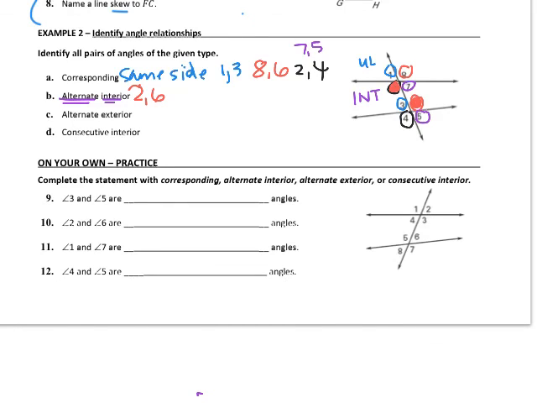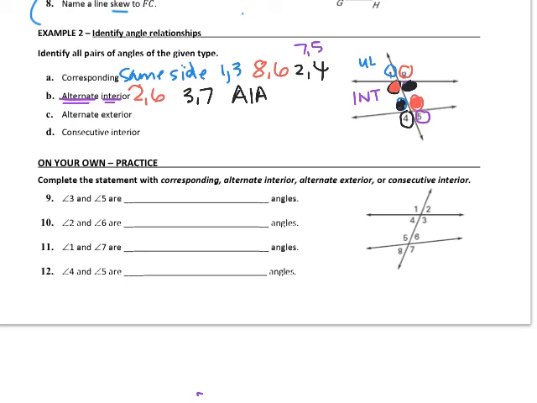Okay, and then there's one other pair actually here. It's angle 3 and angle 7. Those two have alternate interior angle relationships. We just abbreviate these AIA, and that's easier than writing it out.